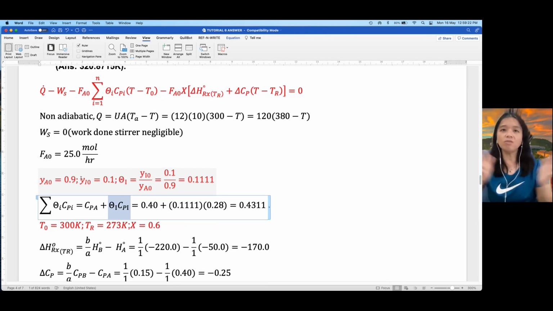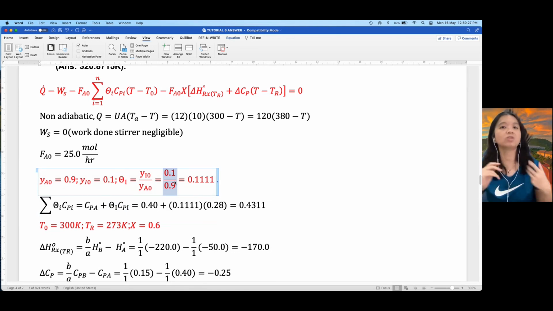So theta I equals 0.1 divided by 0.9, which gives 0.111.